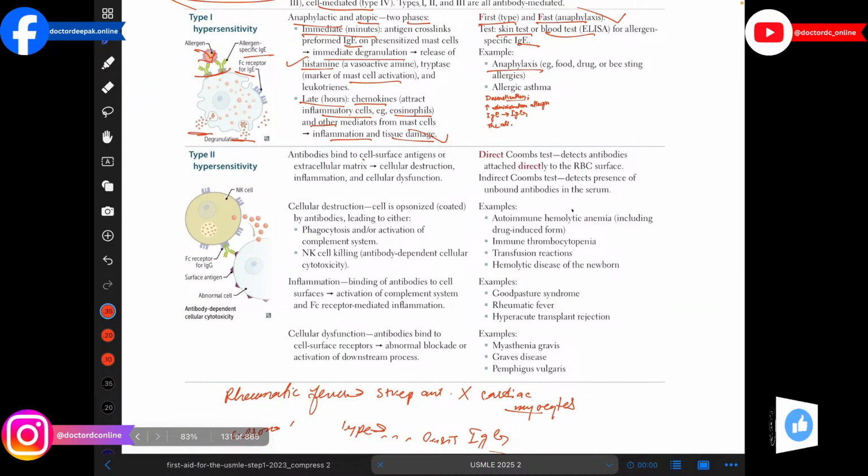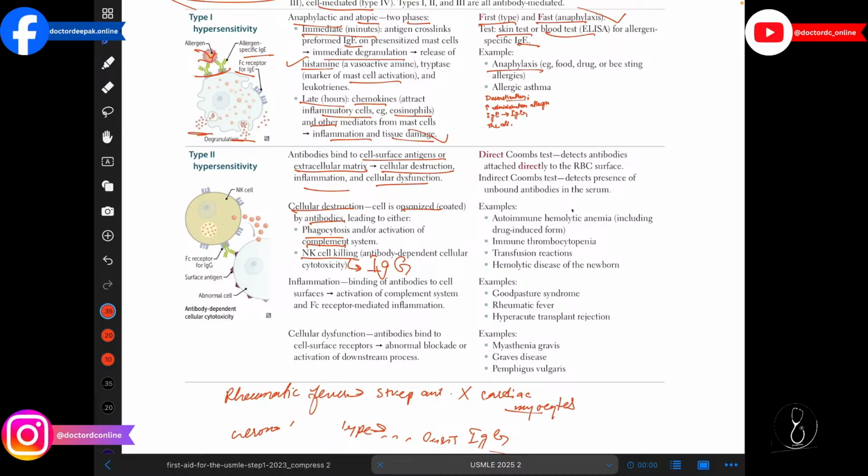The antibodies bind to the surface of the antigens like extracellular matrices. It causes cellular destruction: the cell is opsonized, coated by the antibody, leading to phagocytosis, or complement system activation, or natural killer killing by antibody-dependent cell cytotoxicity, in which the immunoglobulin involved for natural killer activity is IgG.